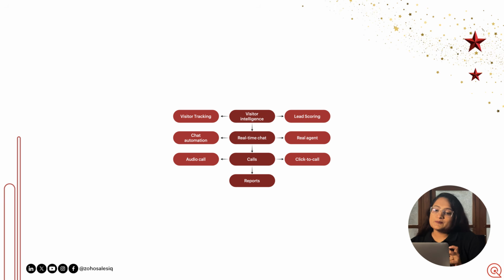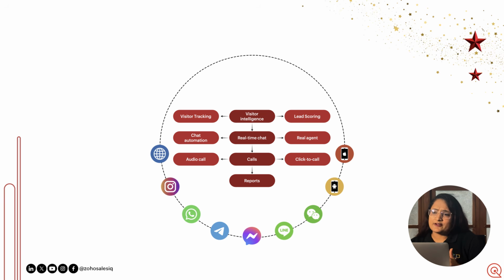Now, prospects aren't just on your website, they are everywhere. That's why SalesIQ helps you meet prospects where they are. Your website, mobile app, instant messaging channels like Instagram, WhatsApp, Telegram, Facebook Messenger, Line, and WeChat.